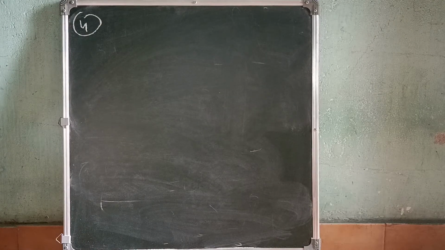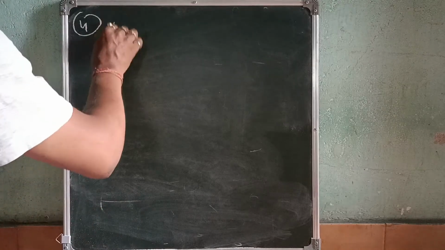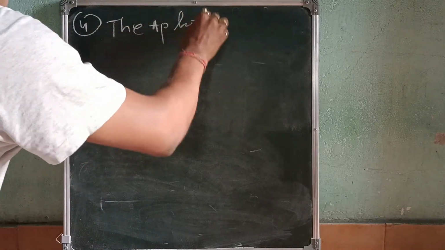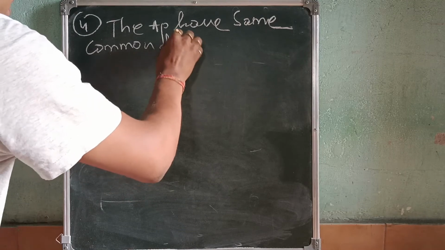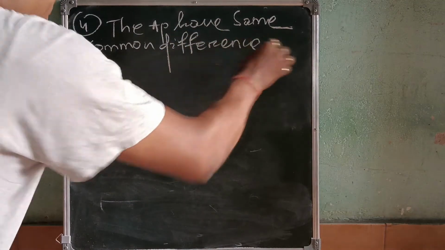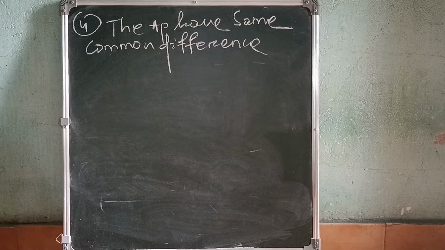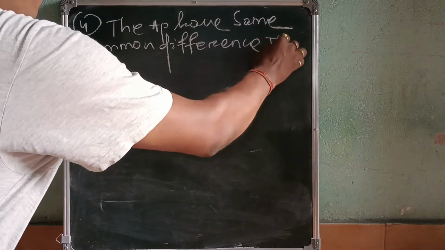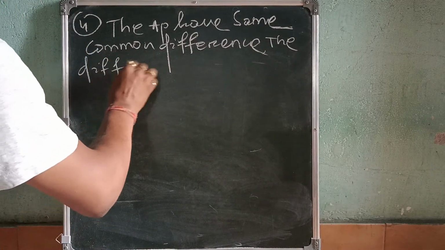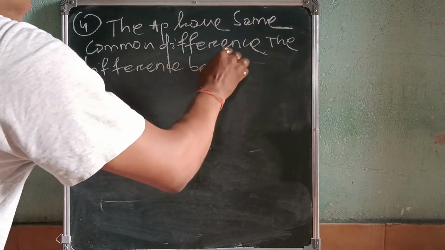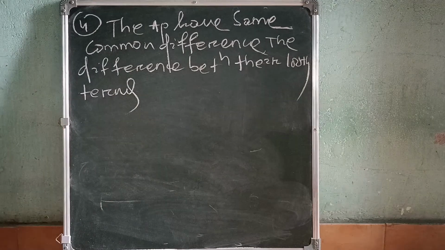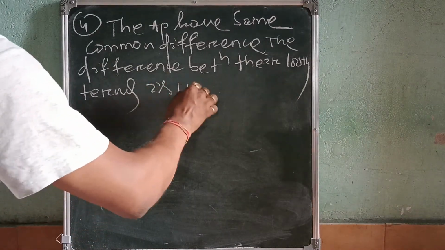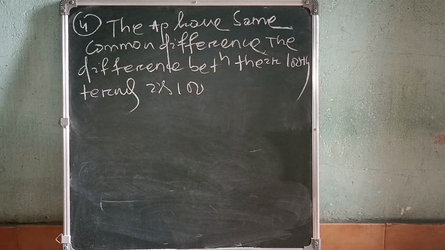Then question 4. Two APs have the same common difference, and the difference between their 100th terms is 100. The thing is that the common difference is always equal, and the difference between the 100th terms is 100.